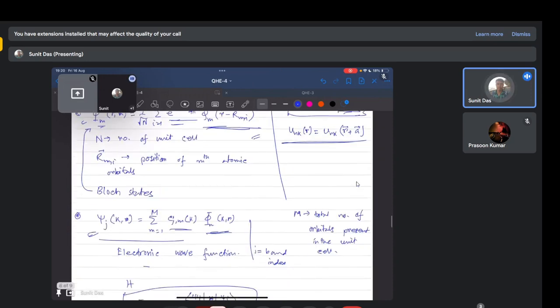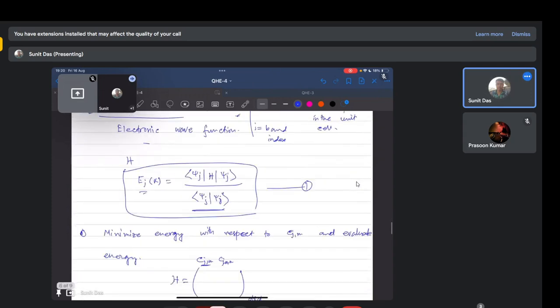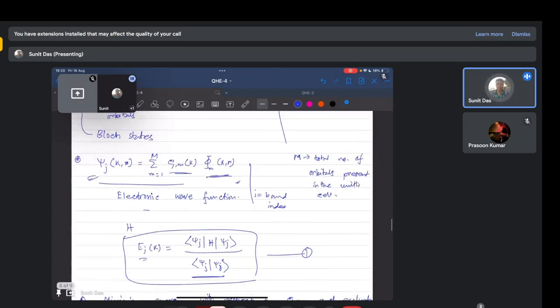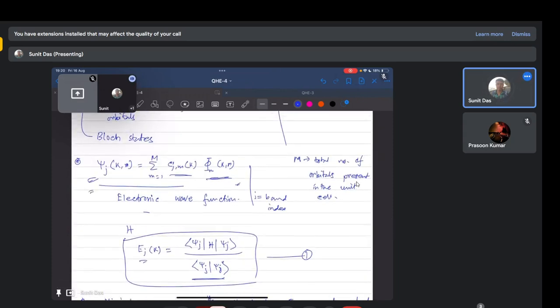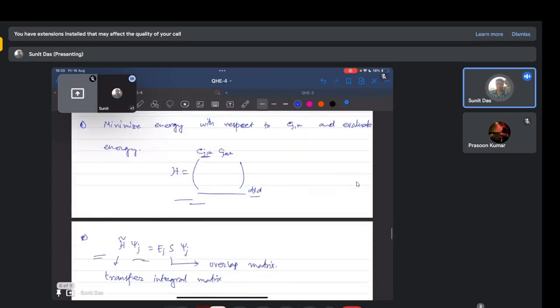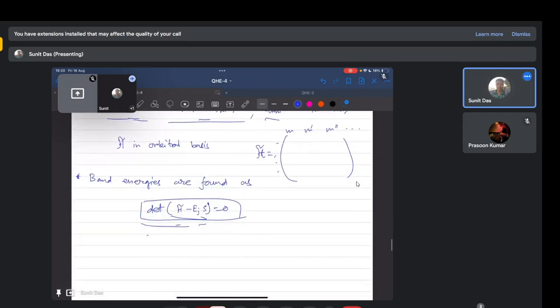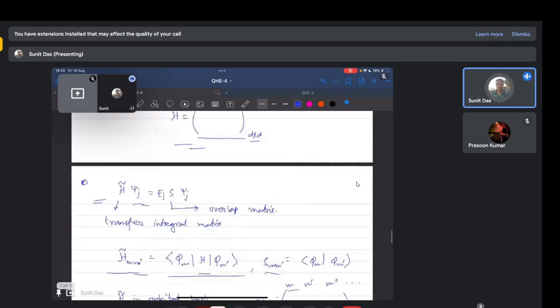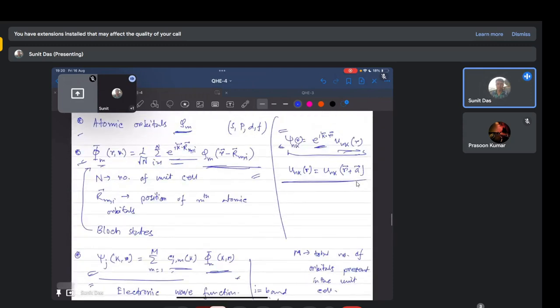So we are not using the electronic wave function because we are directly using this form, right? This was done to minimize the energy with respect to the CJM and so on. But we are directly stepping into this type of formulation where H tilde is in the orbital basis. So we'll use this type of electronic wave function, let's say.